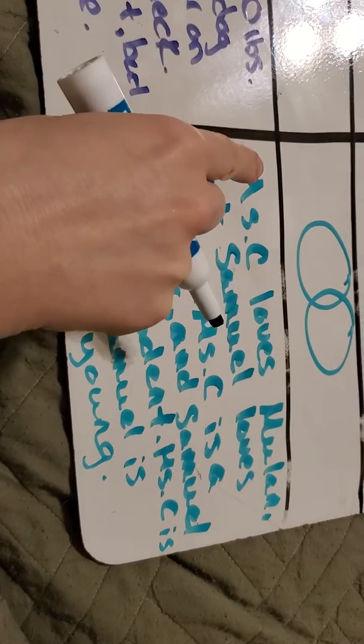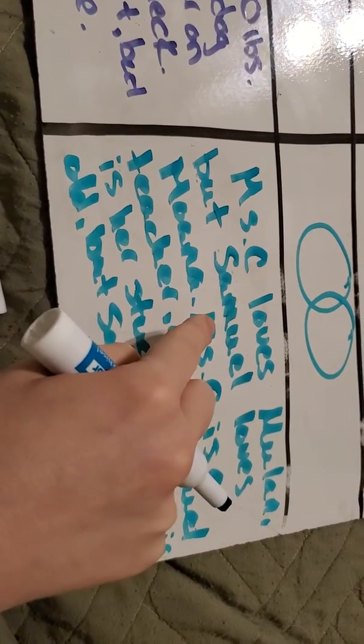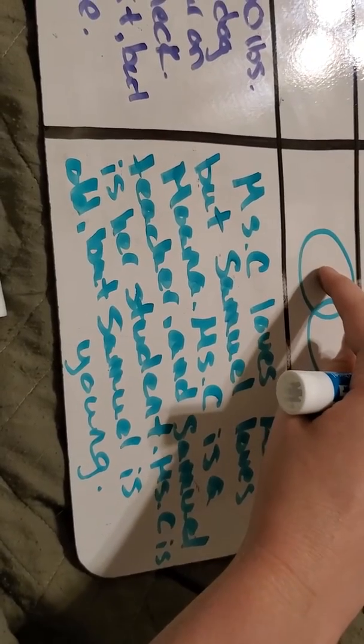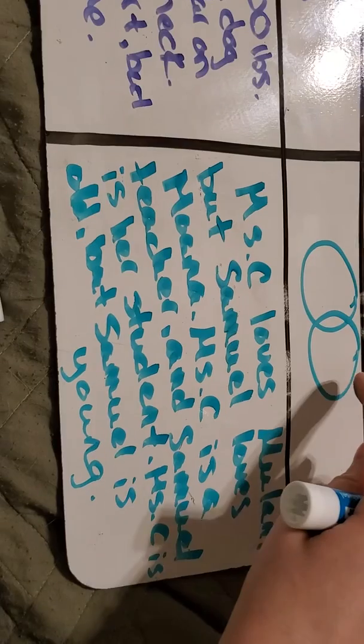So we're comparing and contrasting here. We're talking about the difference between Miss C and Samuel. Miss C loves Mulan. She's a teacher. She is old. Samuel loves Moana. He's a student and he is young. Both are humans.